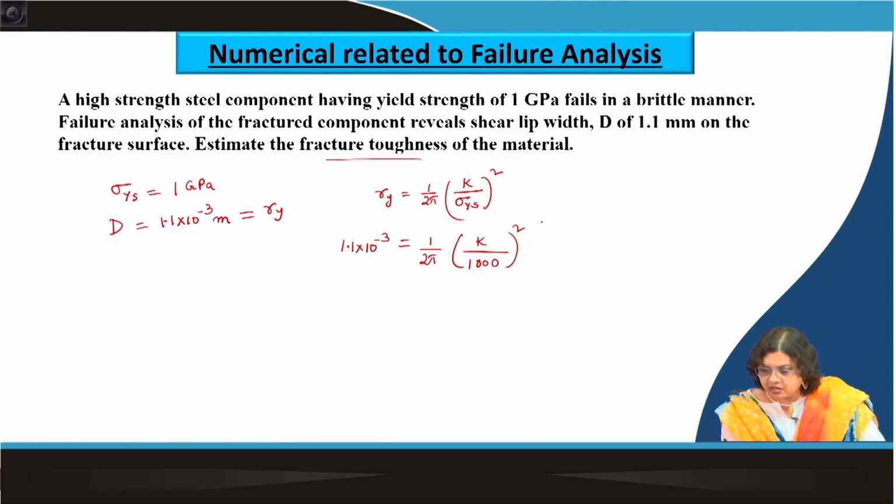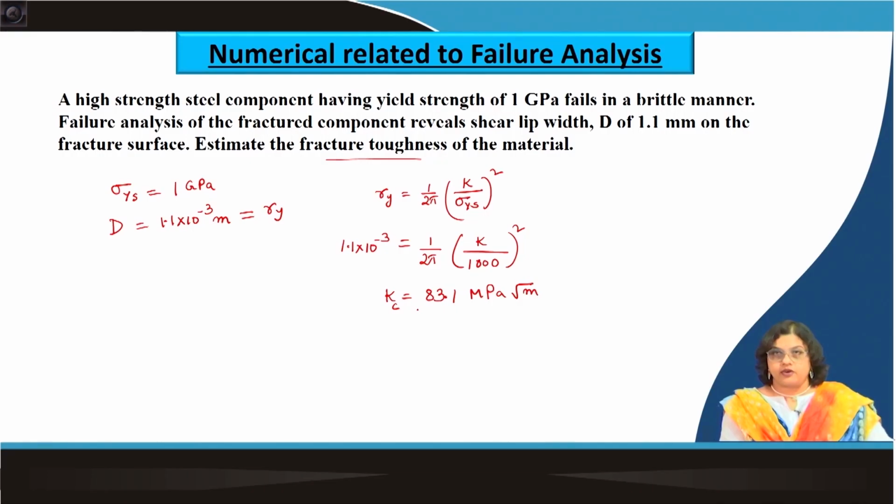That makes K equal to 83.1 MPa root meter. So, that could be the critical value of K for fracture, and that could be termed the fracture toughness under such condition.